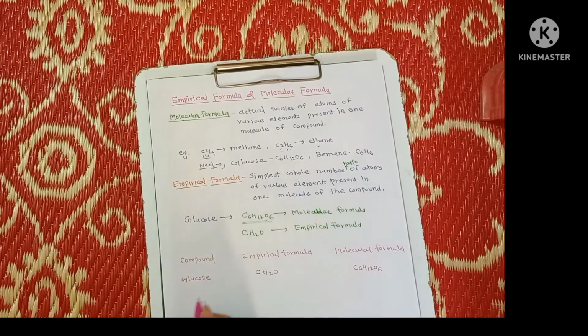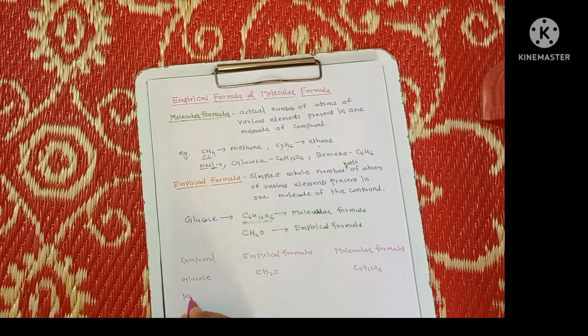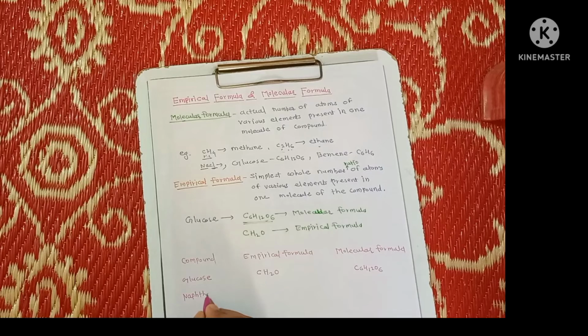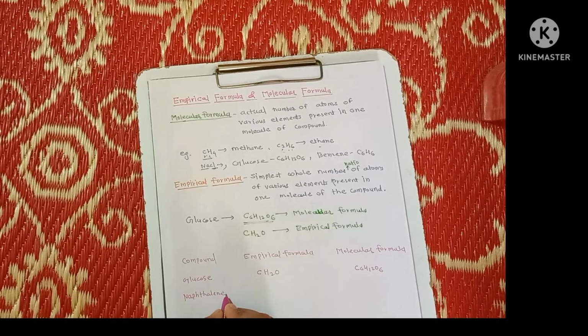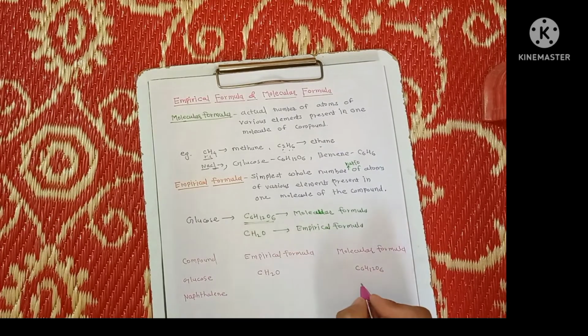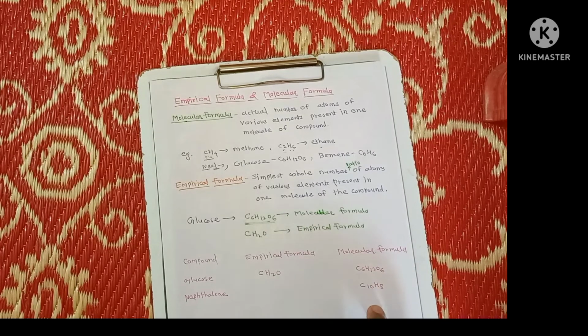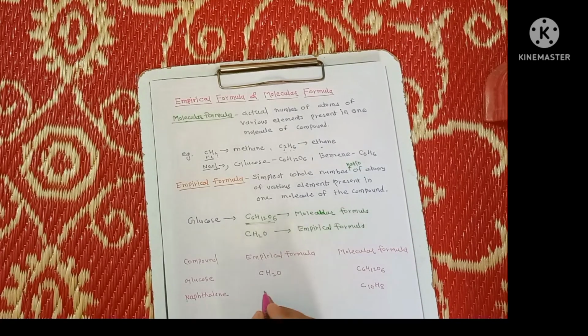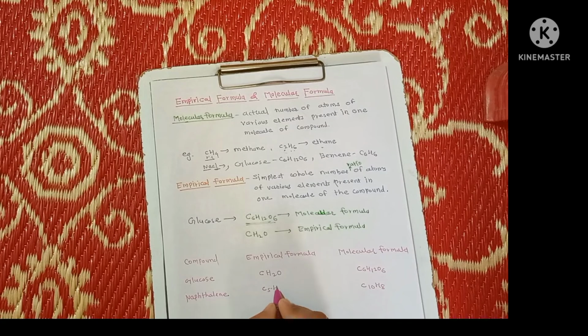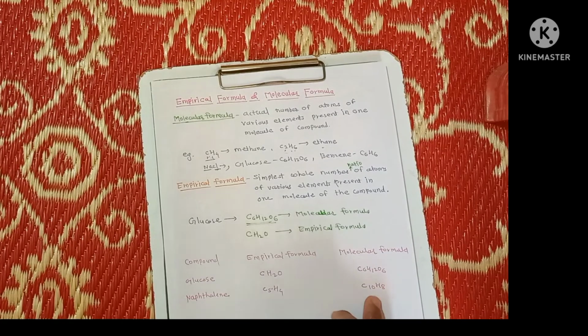Then another example is naphthalene. What is the molecular formula of naphthalene? C10H8. Calculate the simplest ratio of 10 and 8, that is C5H4.